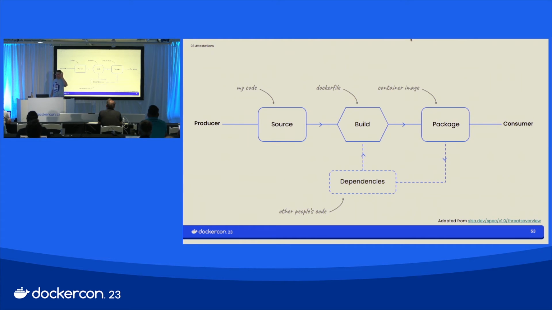As producers, the people writing the code, bringing in the dependencies, doing the build, and packaging the software, how do we communicate information about what we're doing to the consumers of our packages? If we're creating Docker images, container images that other people are using, how do we communicate the information about what's in those container images to others?